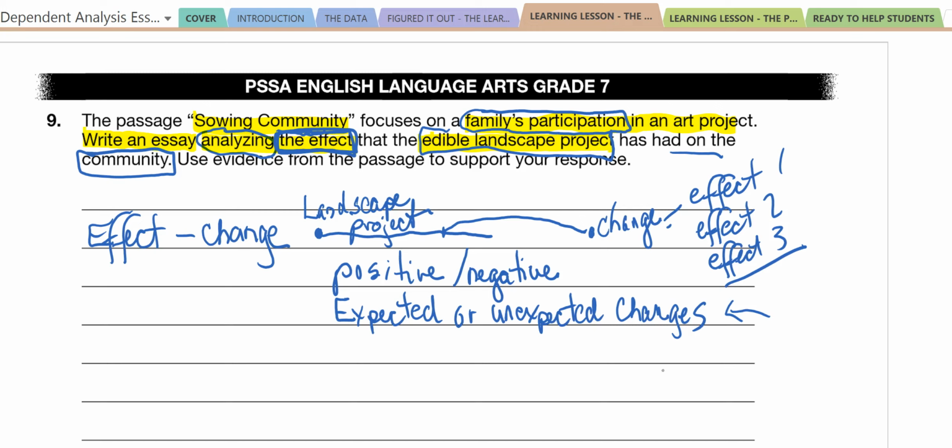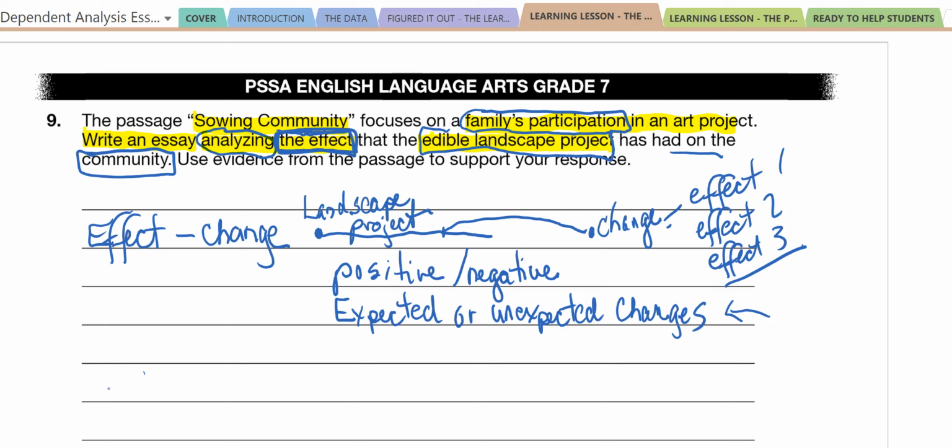So what you're going to do as you go through the story is you're just going to list, here were some of the effects. Here were some of the things that happened once the project was in place. Here's what we observed. Here's what happened. And that's what you want to talk about.